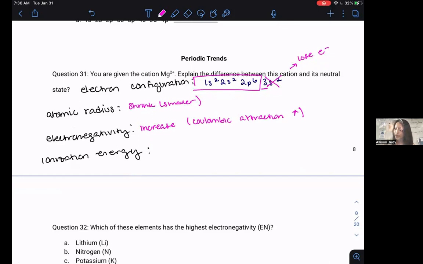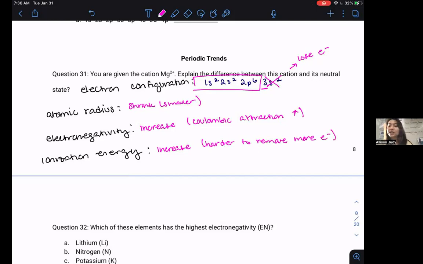We're also going to see that ionization energy increases because, again, the Coulombic attraction has increased, which means it is now going to be harder to remove more electrons.